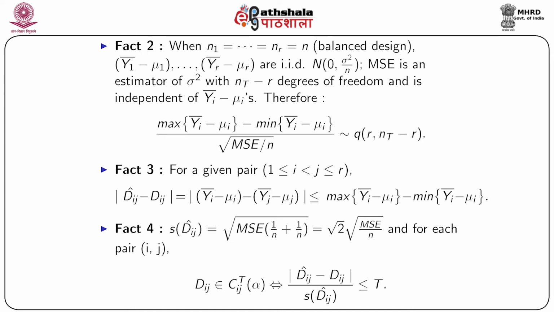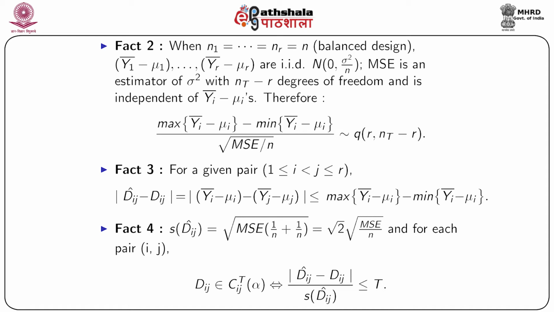When n1 equals n2 equals nr equals n, in the case of a balanced design, y1 bar minus mu1, y2 bar minus mu2, ..., yr bar minus mu r are IID normal 0, sigma square over n. Now, MSE is an estimator of sigma square with nt minus r degrees of freedom and is independent of the yi bar minus mu i's.